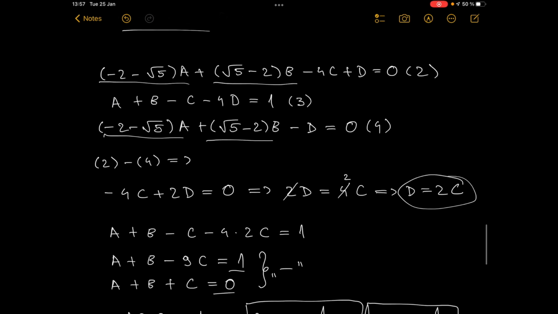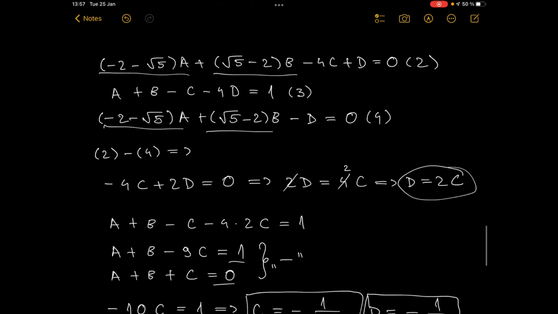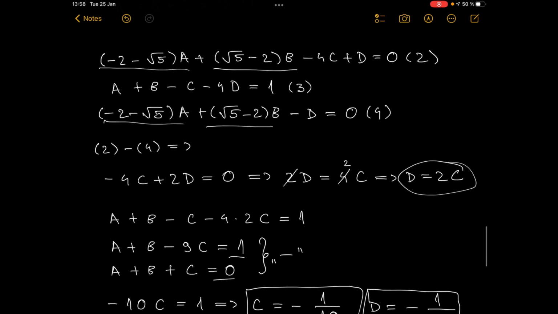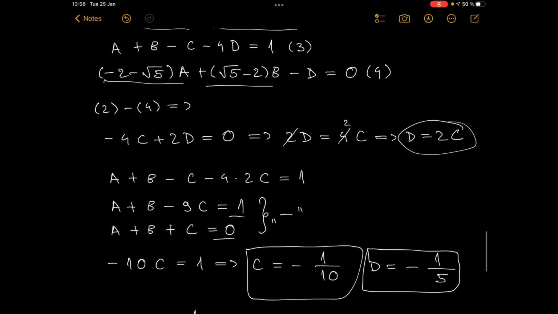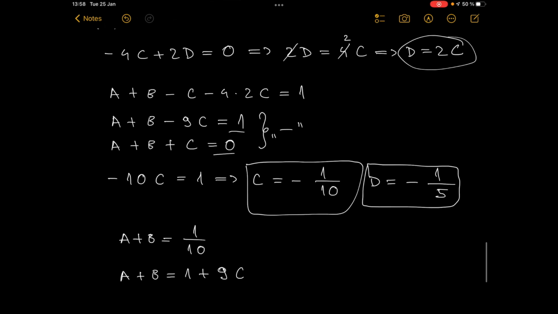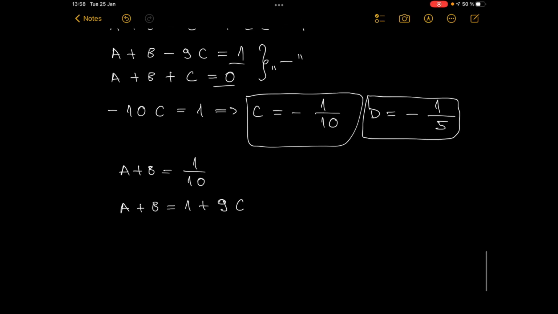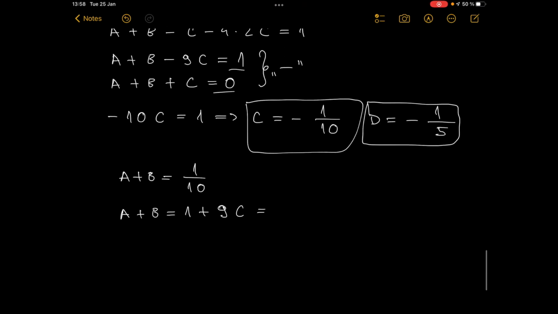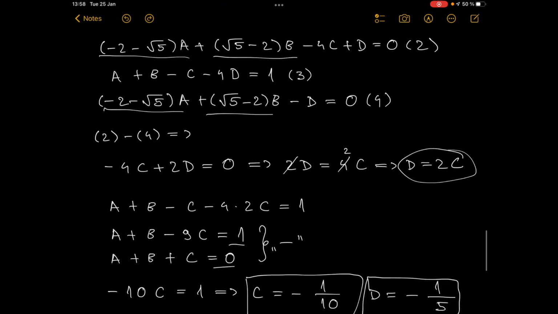That's what we get from equation number 3. Or in other words, it's equal to 1 over 10. Yeah, okay, so we're not going to use this one after all. So a plus b is equal to 1 over 10.